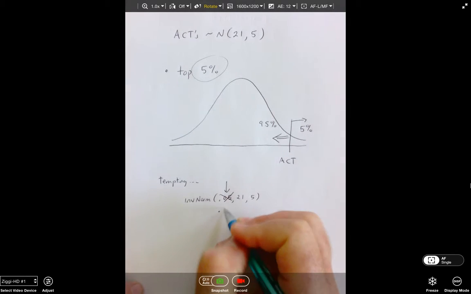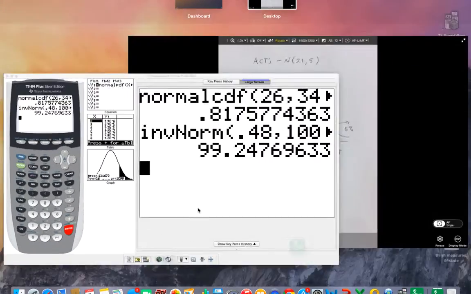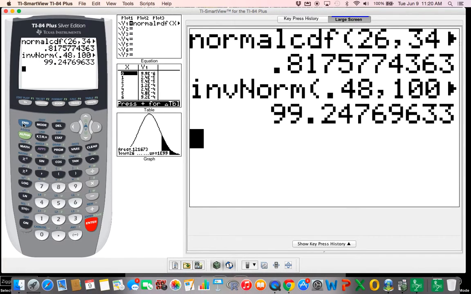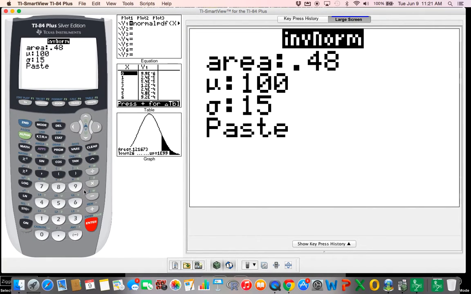So guys, at the end of the day, to get the top 5%, we have to put percent below, which is 0.95. Probably most of you have taken the ACT, so just to give you an indication, to be in the top 5% means you have 95% below you.